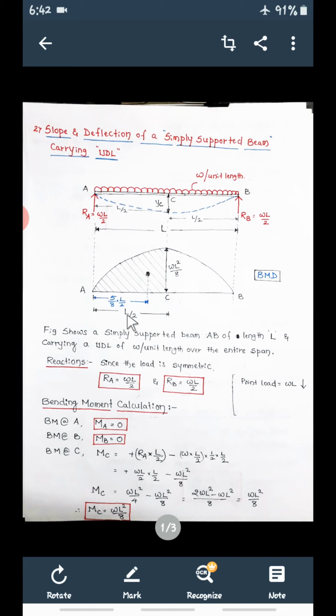So the base is L by 2, and the centroid from A is 5 by 8 times L by 2. Remember, in the previous area we found 2 by 3 base into height, and the centroid of this parabola is 5 by 8 L by 2 from A.